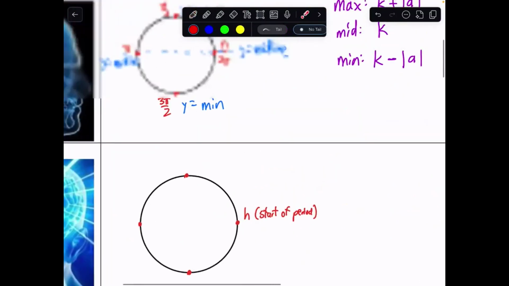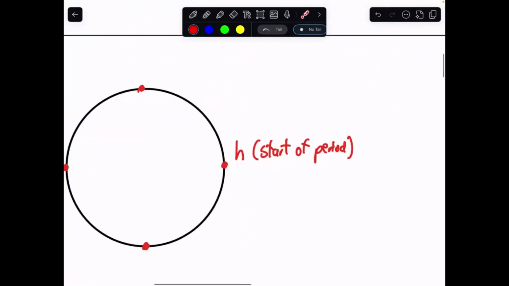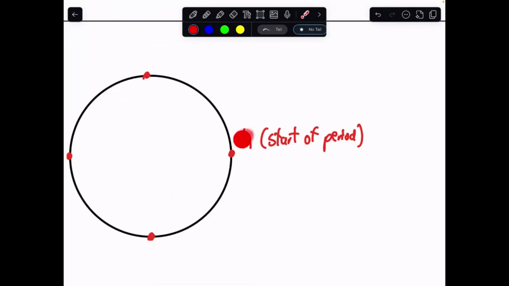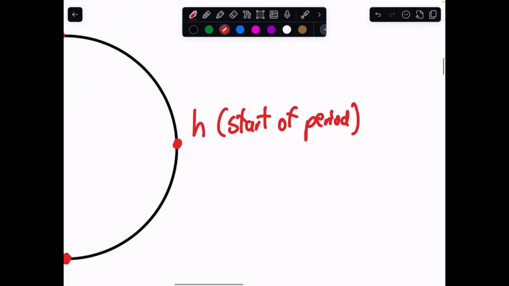Then going all the way around, we used to call it 2 pi because we started at 0 and the period length was 2 pi, so we always ended at 2 pi. But now the end of the period is affected both by h and by b. So I'll call all the way around h plus period length.